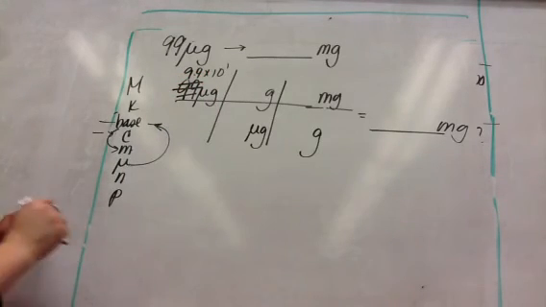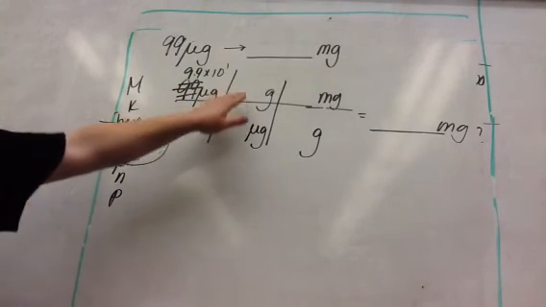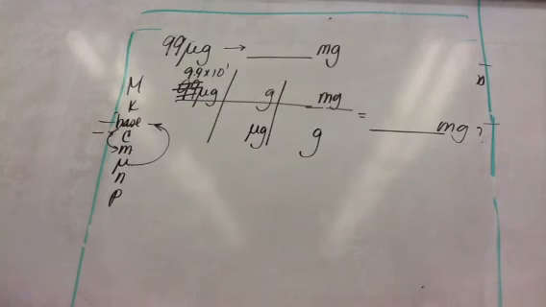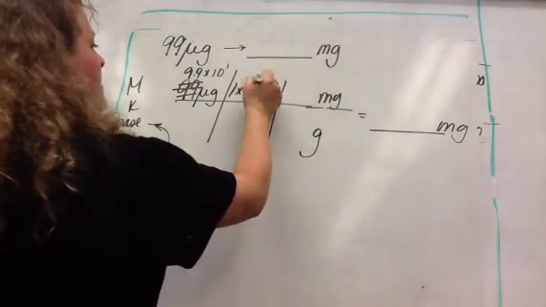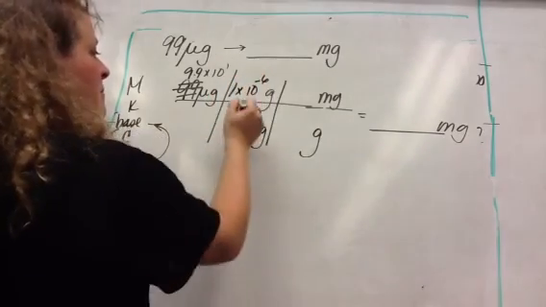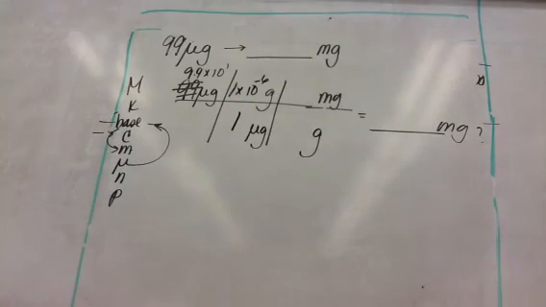All right. What's the relationship between grams and micrograms? Negative sixth. And where is the power of 10 going to go? By the grams, always with the base unit. So 1 times 10 to the negative 6th grams equals 1 microgram. Okay?